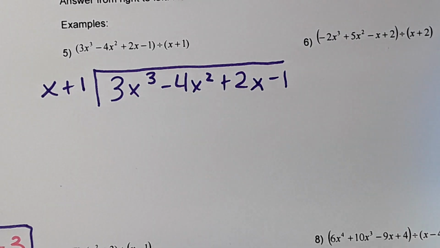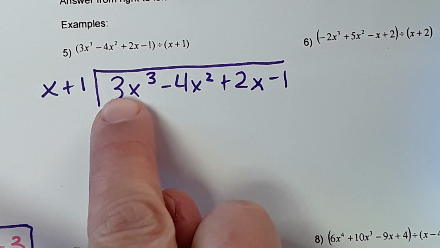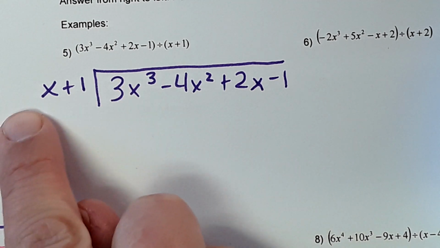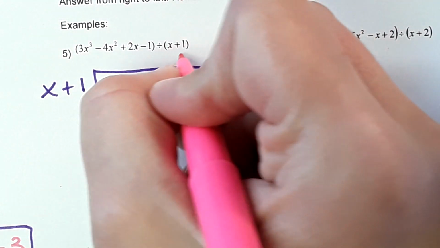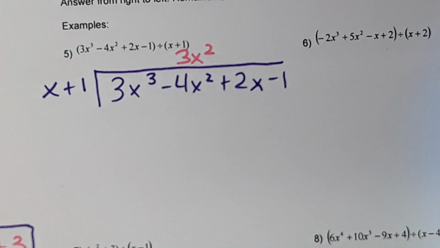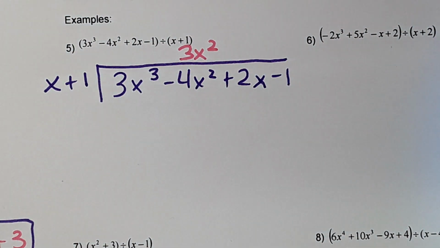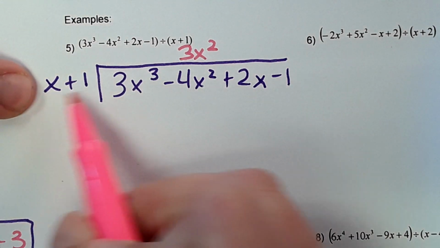Okay, so we need to know what we would multiply this by to get this first term, and we could multiply it by 3x squared to get that. So my term here would be 3x squared. And then I can take this and multiply it by this.